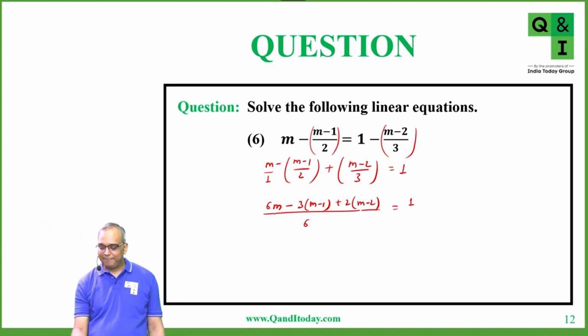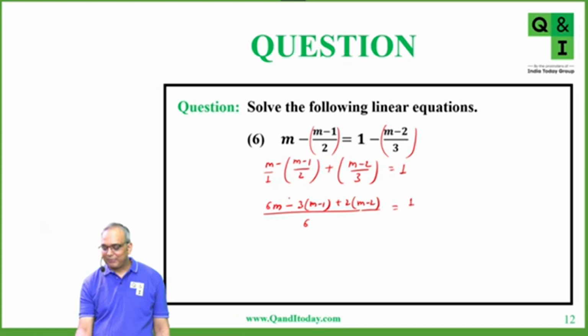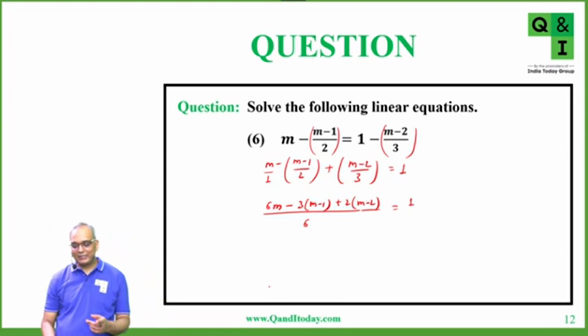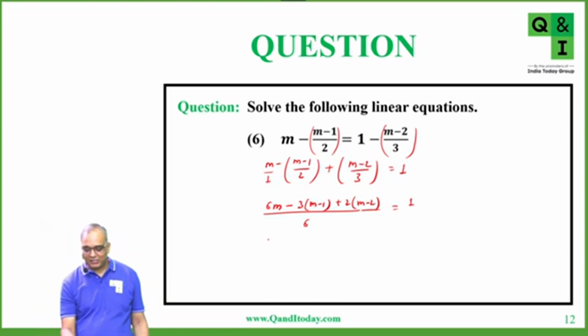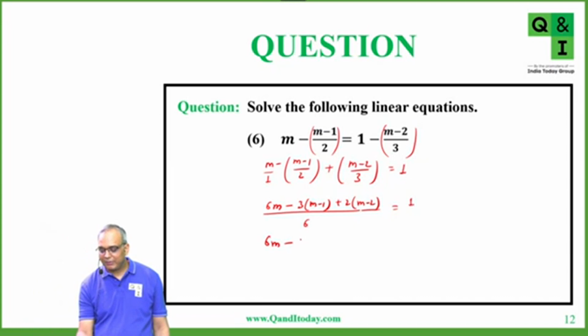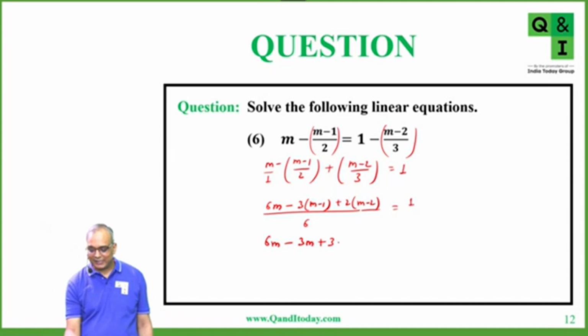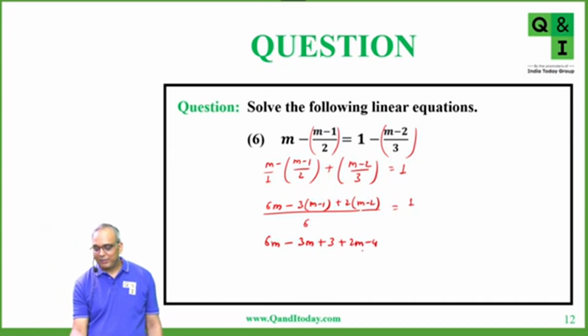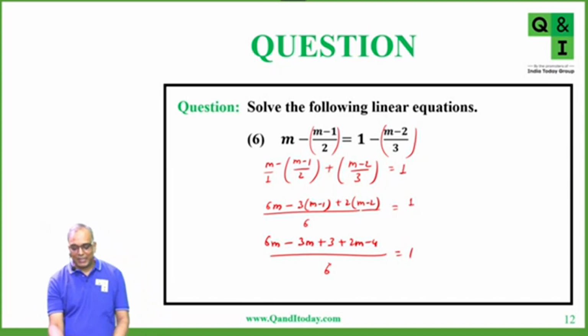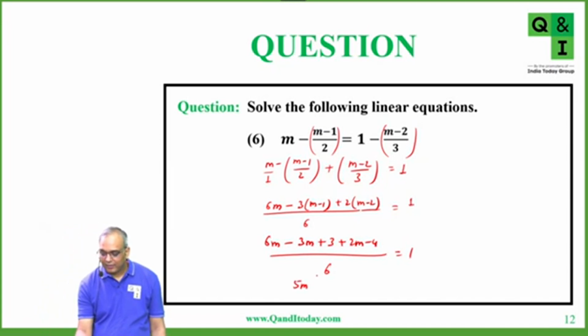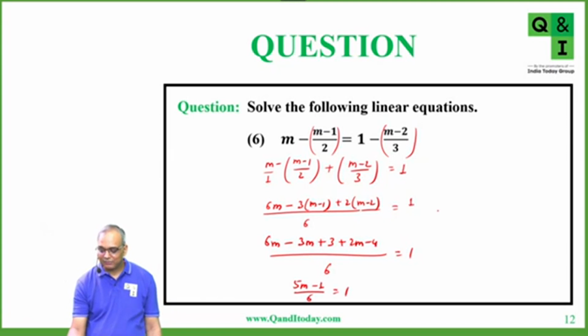Till this step? Now we take minus 3 inside the bracket, because there is a negative sign. The signs will change inside the bracket. So this will become 6m minus 3m plus 3. Minus 3 into minus 1 will become plus 3. Plus 2m minus 4 over 6 is equal to 1. So 6m minus 3m is 3m, plus 2m is 5m. 3 minus 4 is minus 1, divided by 6 is 1.